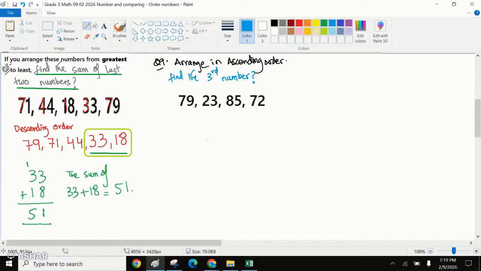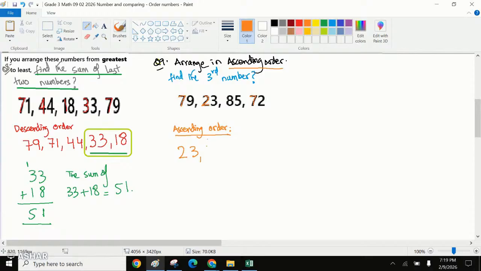So when we are arranging these numbers in ascending order, we know we have to start from the smallest. Therefore, we can say ascending order means from the smallest to the largest. That means 23. Then we have two values in 7, right?